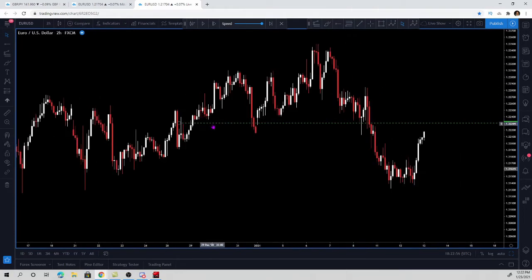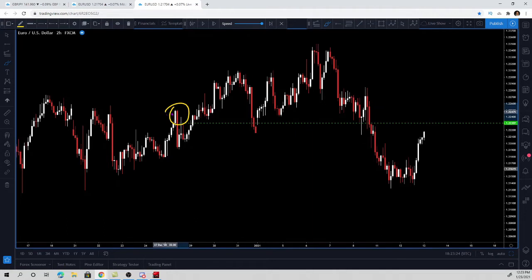So we have this level being tested and rejected once right here. You can see the greatest rejection at this 2 hour candle, and then you can see that we have this rejection. So this level not only was tested and rejected as resistance, but when we broke to the upside, it was tested and rejected as support. Then we had another rejection candle right here.